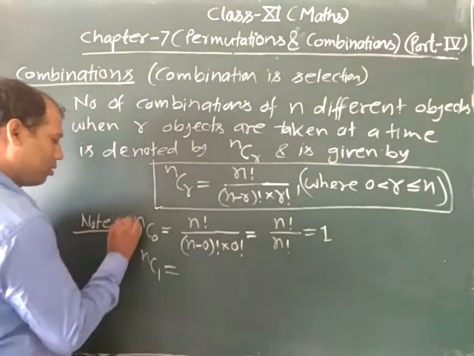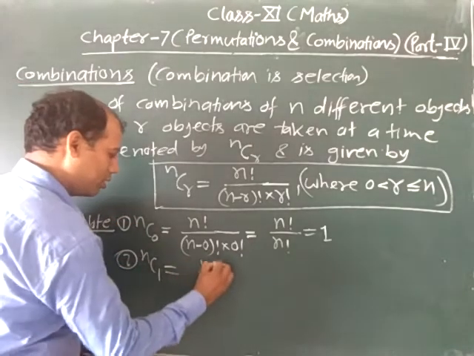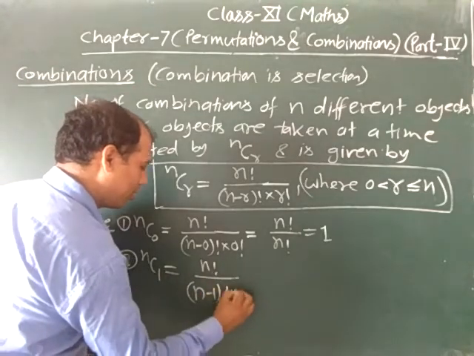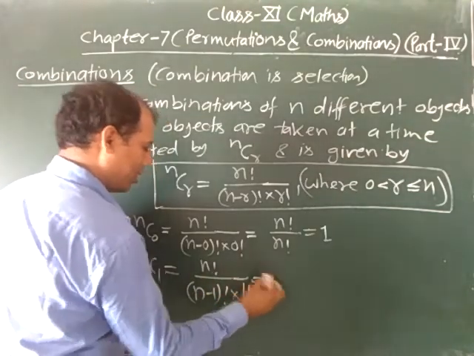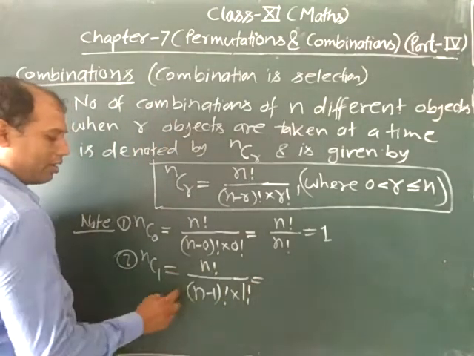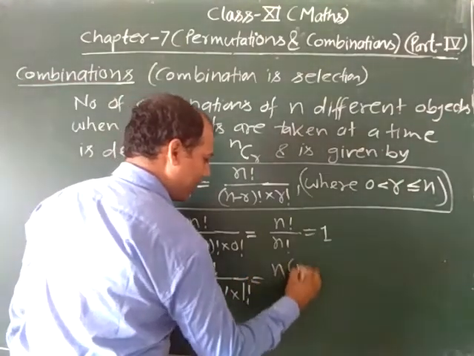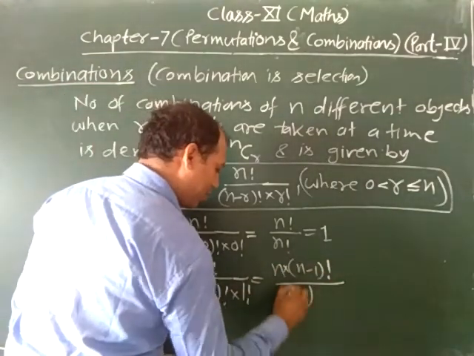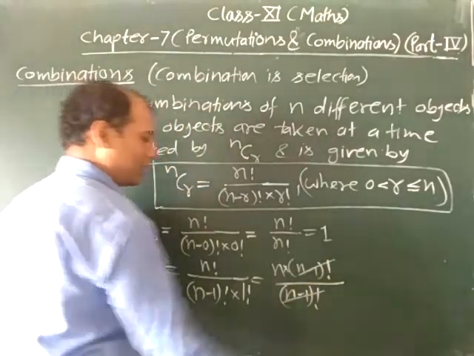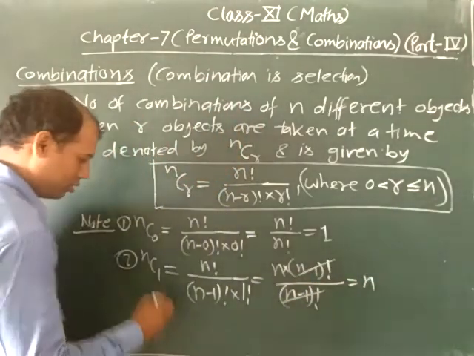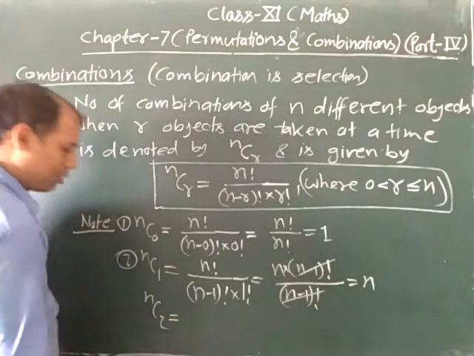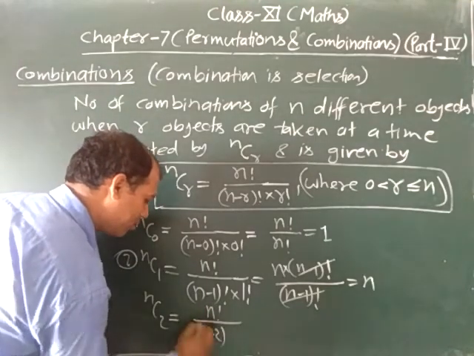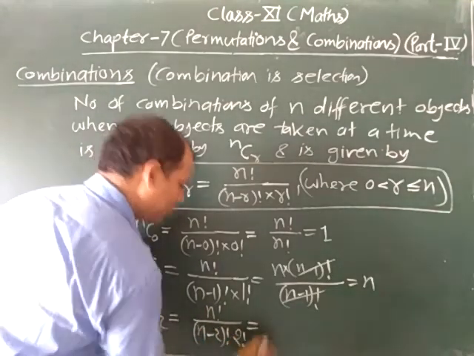Value of nC1 is written as factorial n upon factorial n minus 1 into factorial 1. Then we can expand factorial n to n into factorial n minus 1, divided by factorial n minus 1. This cancels out with this. We get n.